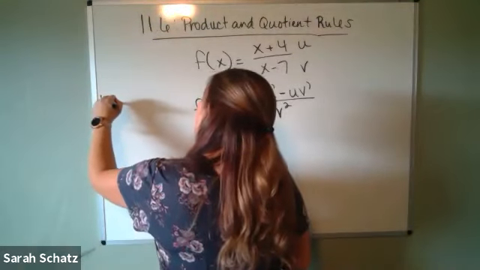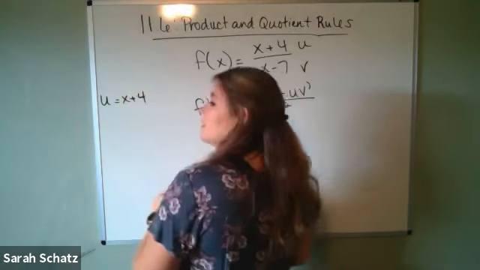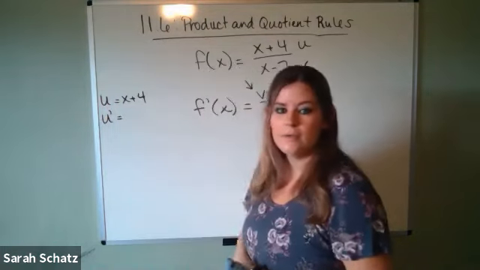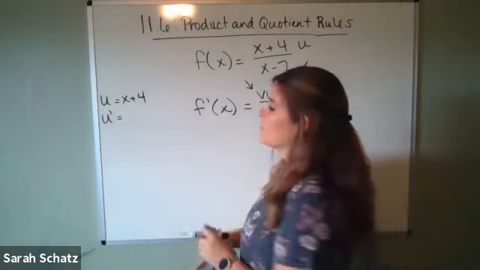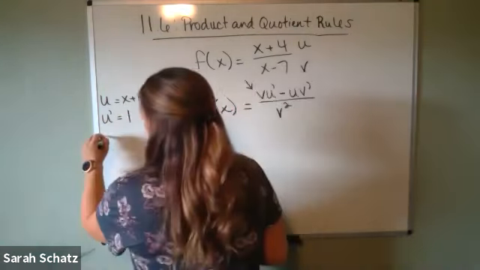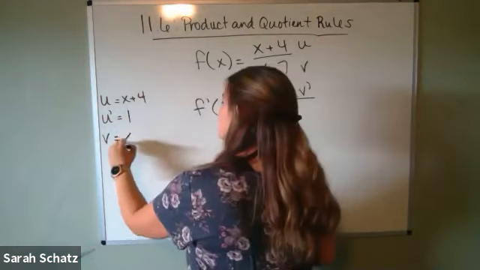So let's start with u. Original u is x plus 4. Let's find the derivative of u. That's easy. We've done the derivative of something like this, right? The x turns into a 1, the 4 goes away. So just 1. Original v is x minus 7.